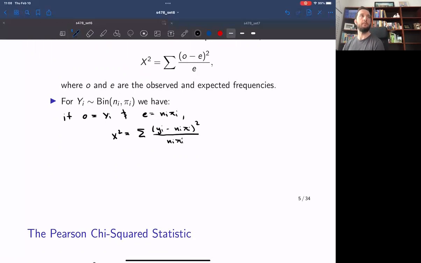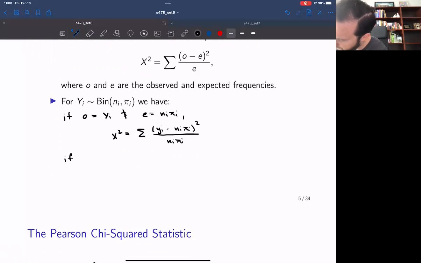We can show that in the case that O is equal to yi and E is equal to ni pi, this chi-square test statistic can be written as follows.